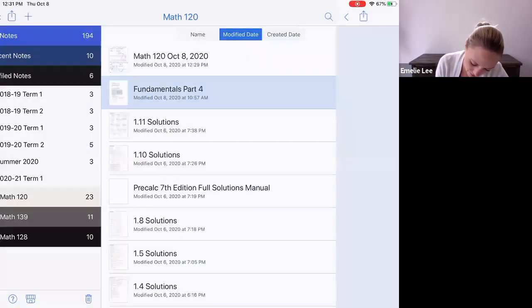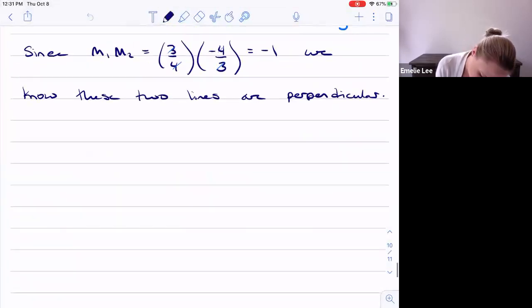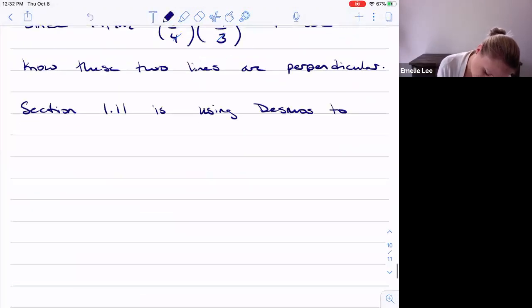Okay. So here, let's just make a quick note. Section 1.11 is using Desmos to check your work.